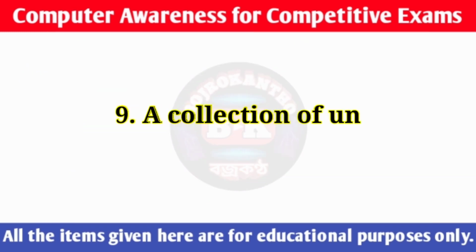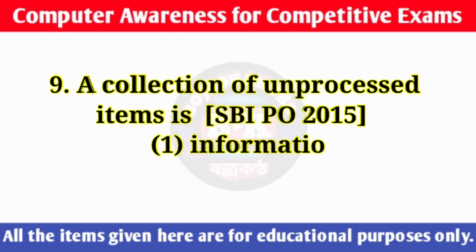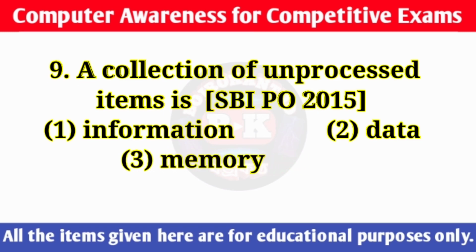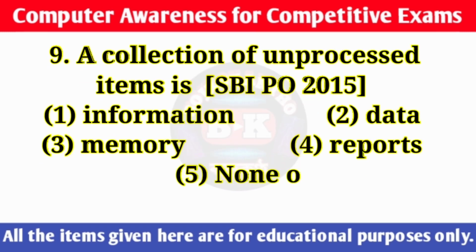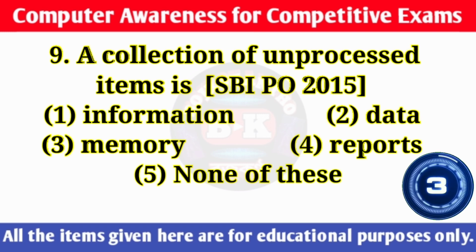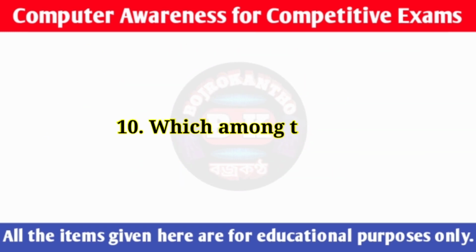Question number 9. A collection of unprocessed items is option number 1 information, option number 2 data, 3 memory, 4 reports, and 5 none of these. The correct answer is option number 2 data. Question number 10.